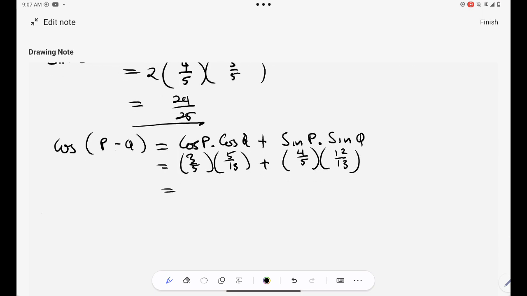Alright, together. Then this thing will give me 15 multiplied by 65 plus 48. Why did I say multiply? Divide by 65, right? And then this will give me 48 and 15.